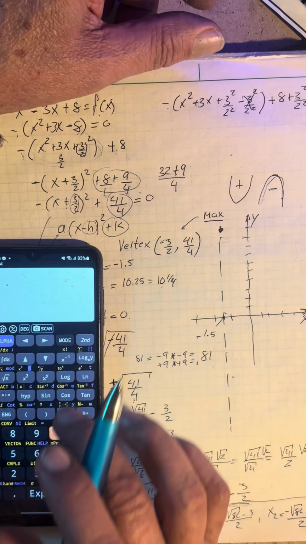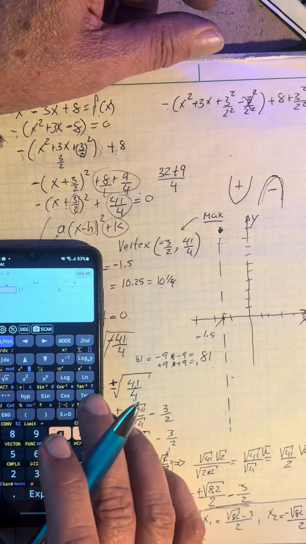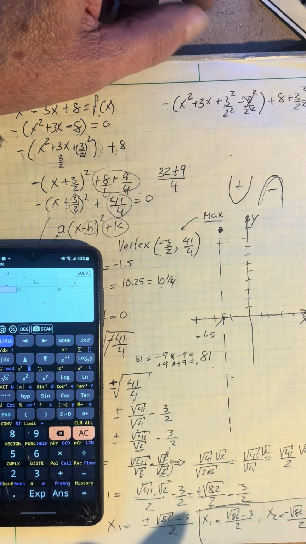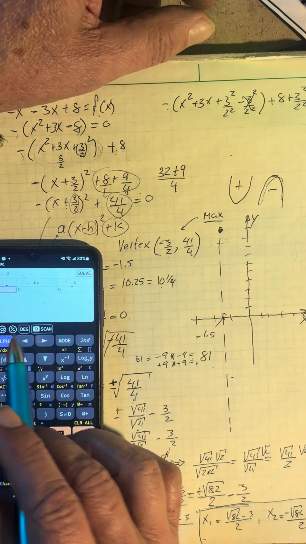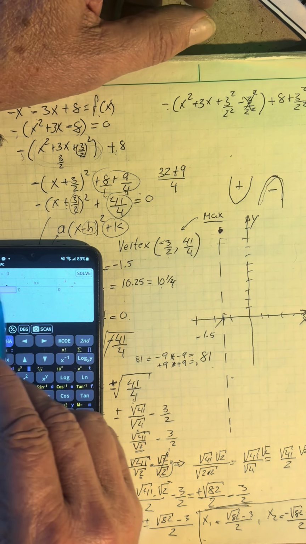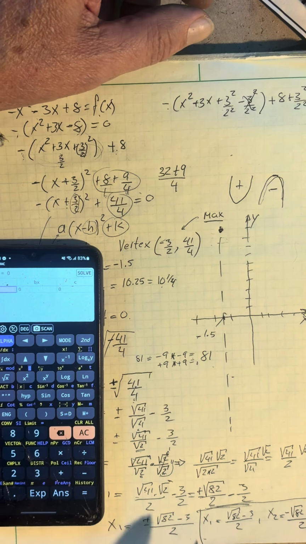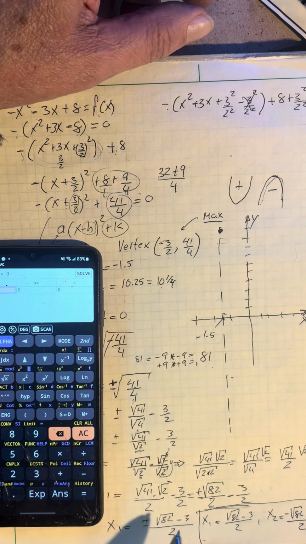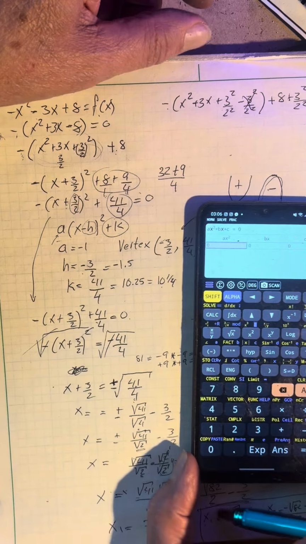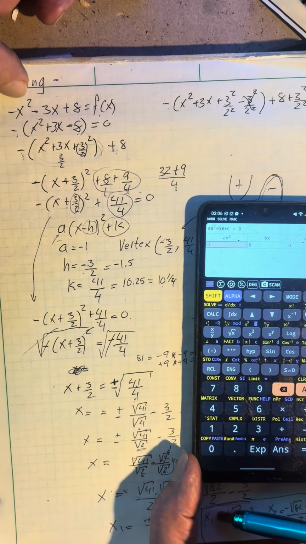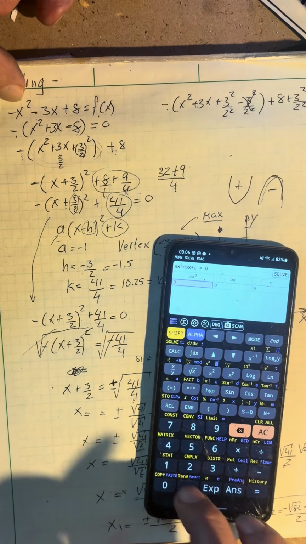Let me change the mode. We go into polynomial mode. I don't know what they call this mode, but it's basically we have our trinomial there. Okay, so what do we do? We use our original formula, which is minus 1.